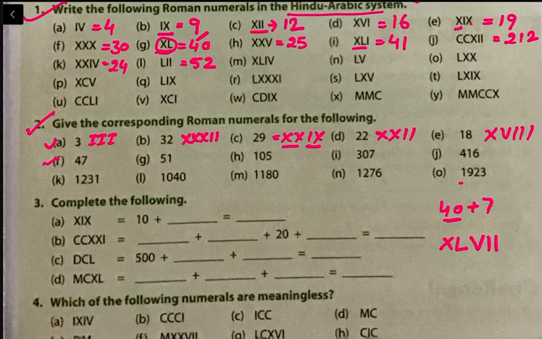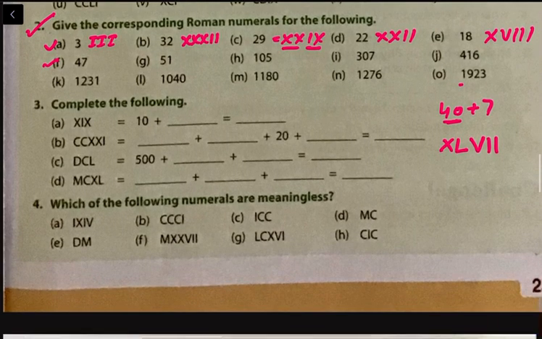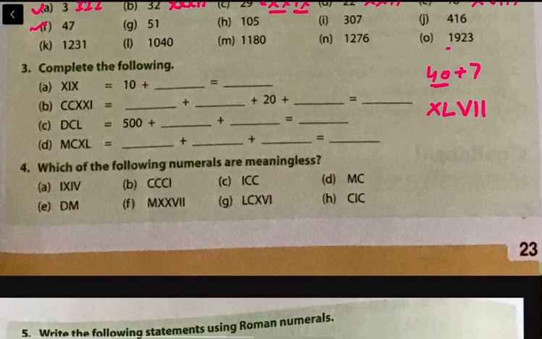The remaining questions you do on your own. Complete the following. XIX is 10 plus 9, 19.